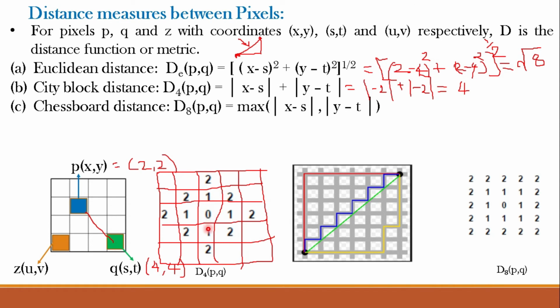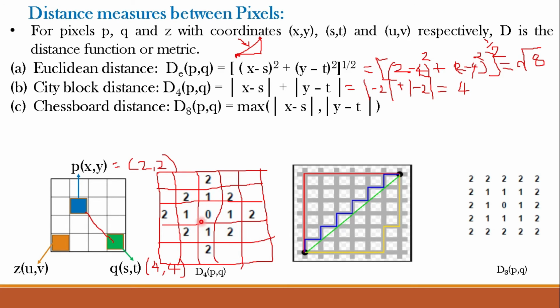If you consider this adjacent pixel, the distance between this pixel and this pixel is 1. Similarly this pixel will have 1, and this pixel will have 1. Now we need to find the value of this pixel. For this we cannot go diagonally, we have to go clockwise. So we can go in this direction. The distance between this and this is 1, and this is again 1, that means 1 plus 1, 2.